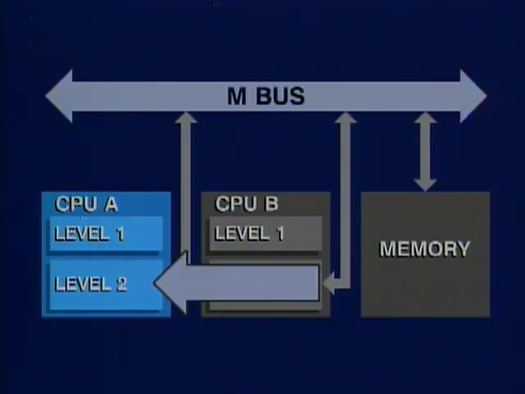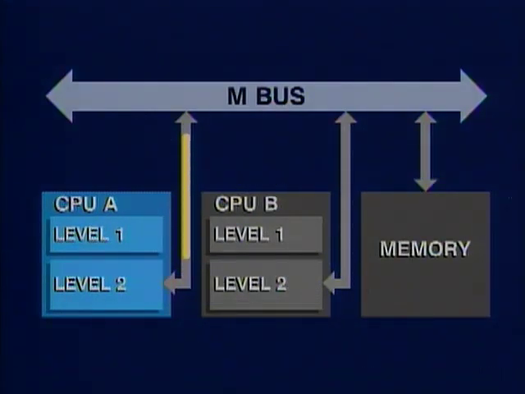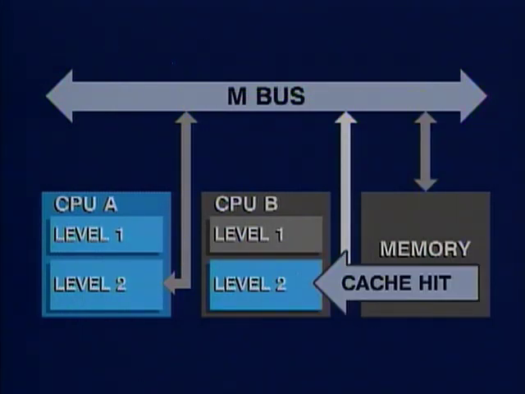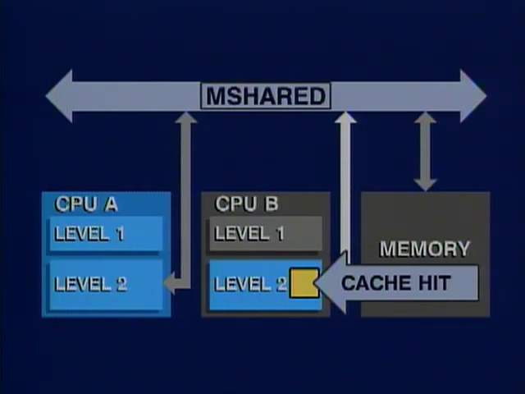In the event of a tag probe miss, the Level 2 cache begins a memory read cycle to retrieve the data from main memory. During the memory read cycle, all other Level 2 caches probe their tag stores to see if the requested location is present in their cache. If a hit results, the cache controller sets its shared bit and asserts the mShared signal.